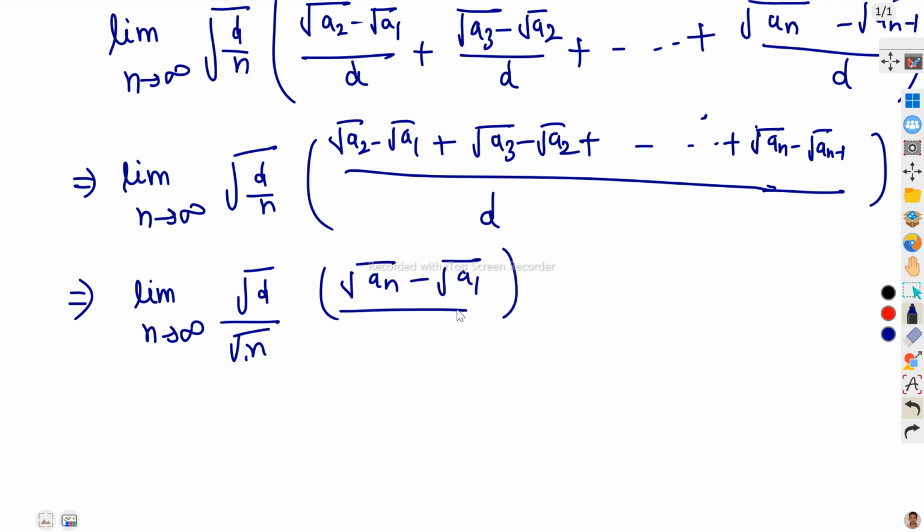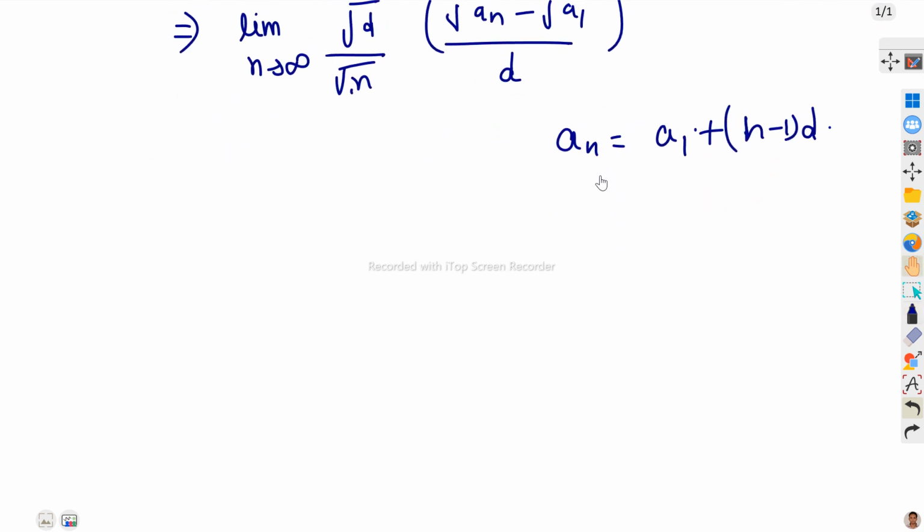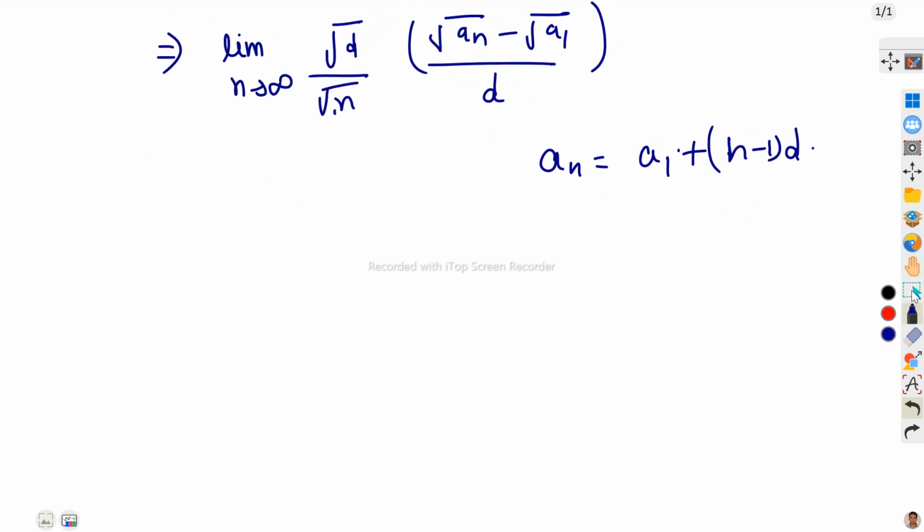So this is d. Again we can write here that an is a1 plus n minus 1 into d. This is the formula for the nth term of AP. So this limit becomes the limit as n tends to infinity of square root of d upon square root of n, times square root of an minus square root of a1.